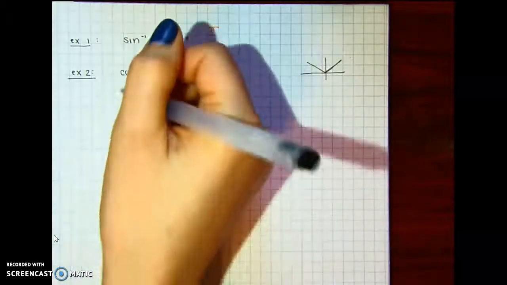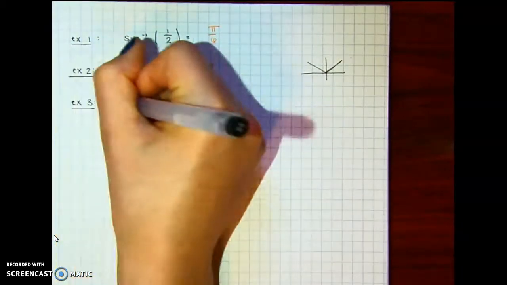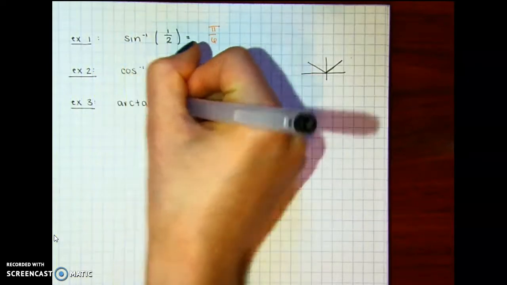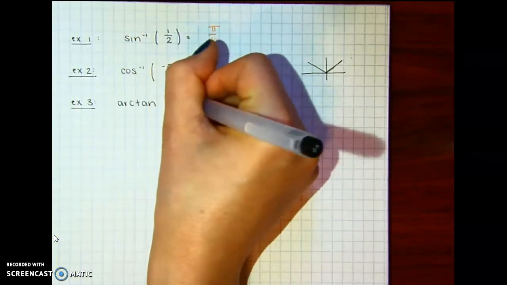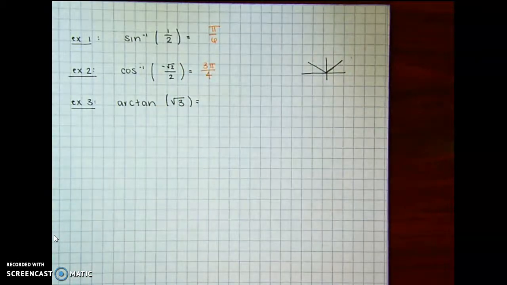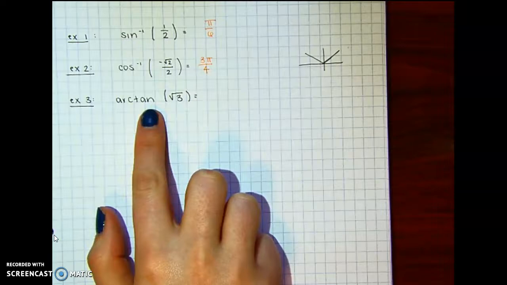Let's do one more example. We'll do tangent. And we'll write it with arc this time. So it's arctan of the square root of 3. So arctangent, and think of our tangent restrictions.